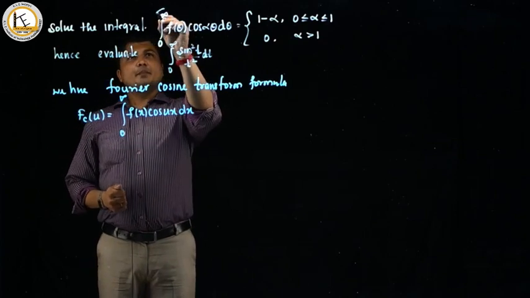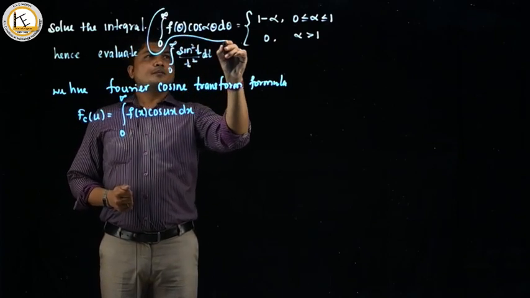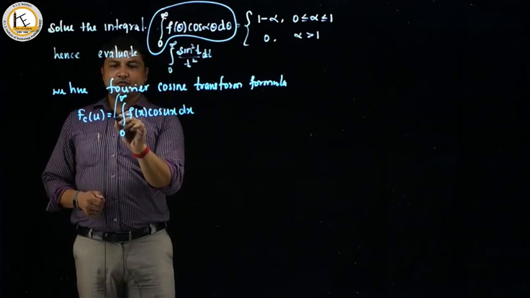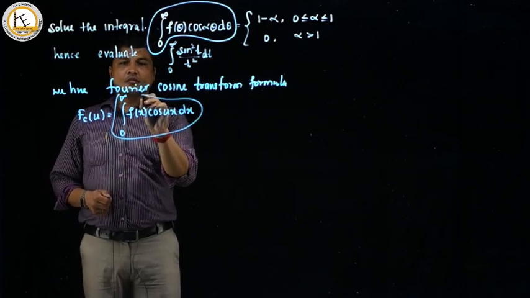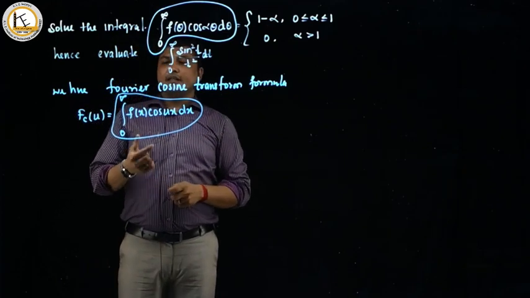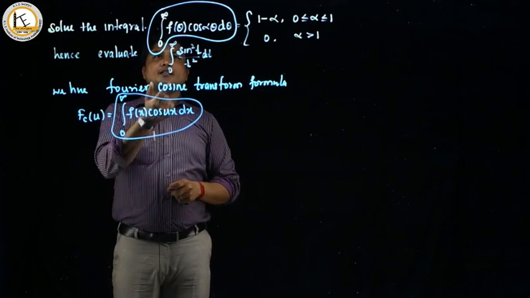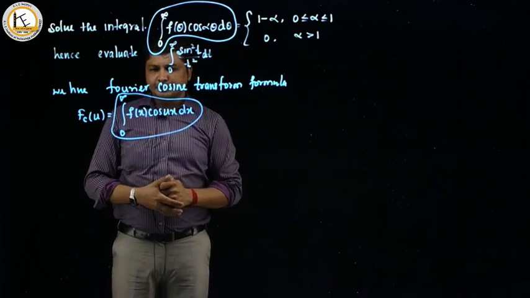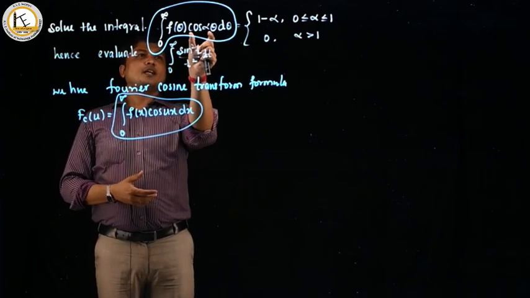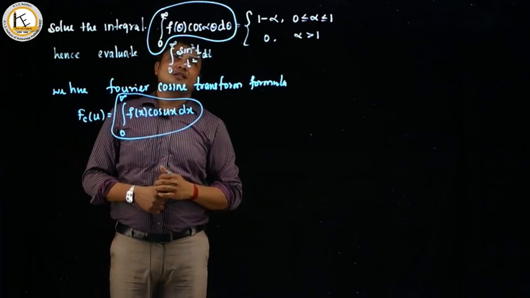Just comparing this integral with this formula, we come to know that in place of f of x, we are having f of theta, and in place of cos ux, we are having cos alpha theta.